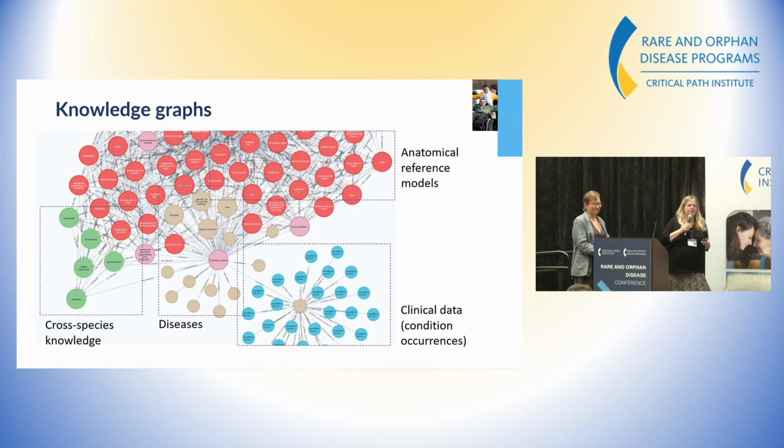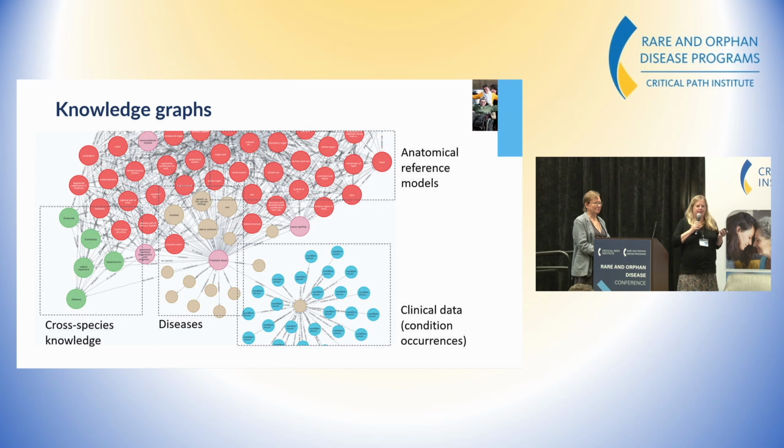So we are using this information to build a knowledge graph. A knowledge graph is a graph database that's a collection of concepts, which are represented as nodes in the graph, such as diseases or phenotypes, and edges, which are the relationships between the concepts.